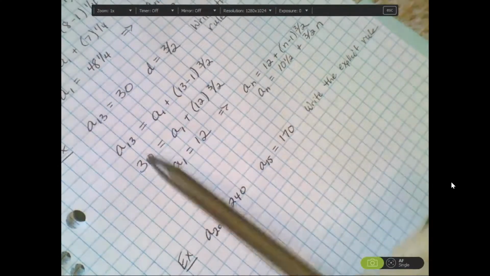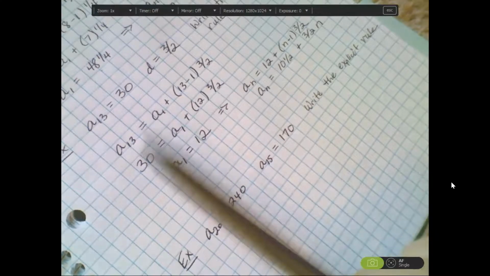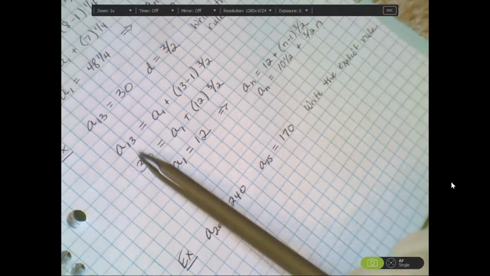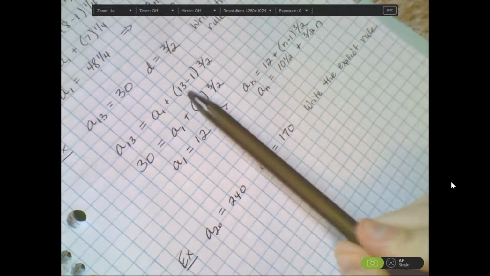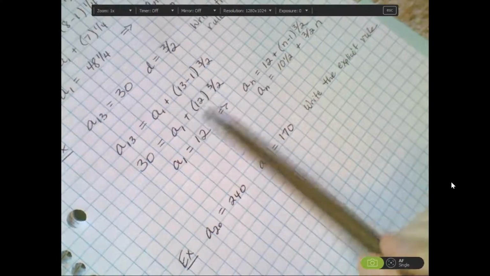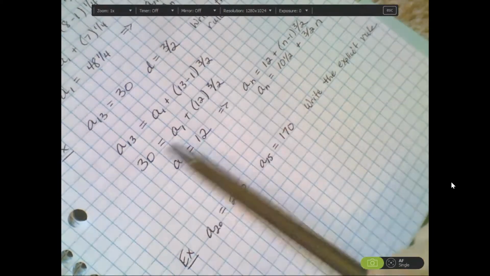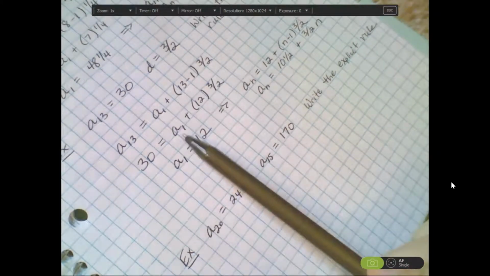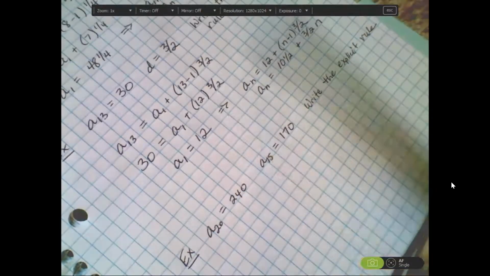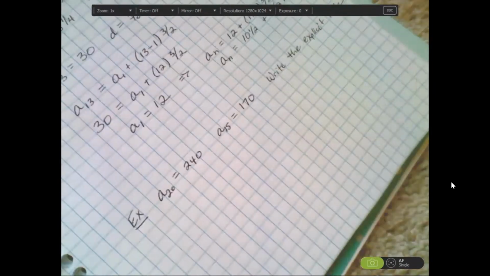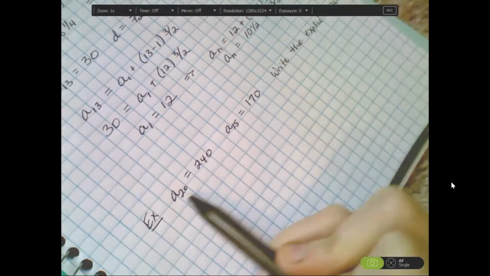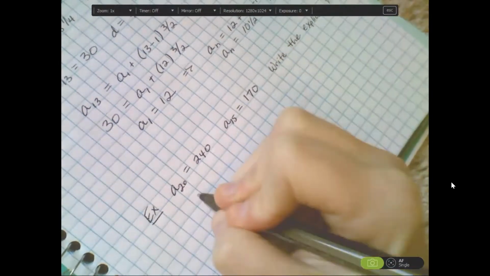Remember, we said, since we knew the 13th term, we could put that here, and then this also was a 13, and that became a 12. So I'm going to do the same thing and try to write an equation that's just missing that first term. It's also going to be missing the common difference because we don't know what that is in this one either, right? So I know that the 20th term is 240.